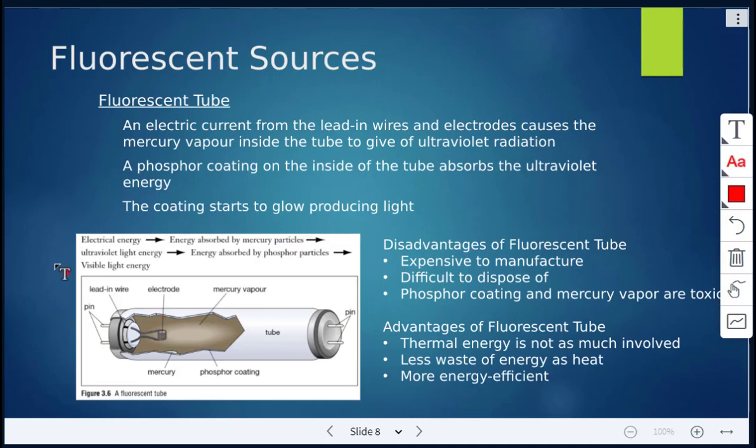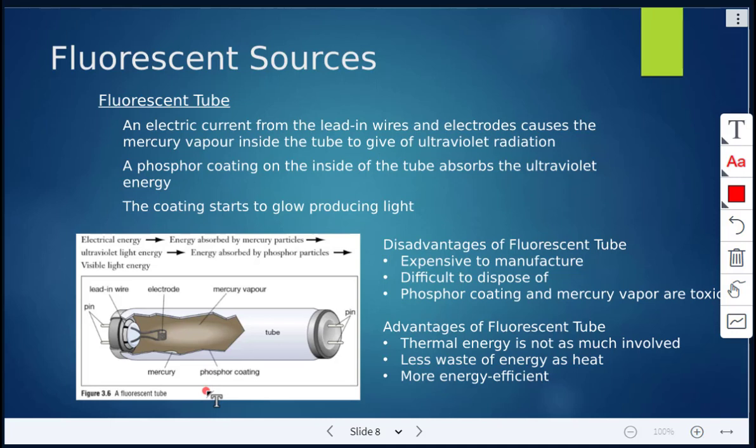Then we have the UV light energy absorbed by phosphor particles, and then we'll see the visible light energy. The phosphor coating, shown right here on the inside of the tube, will absorb that UV energy. That coating will then start to glow, which will produce light.